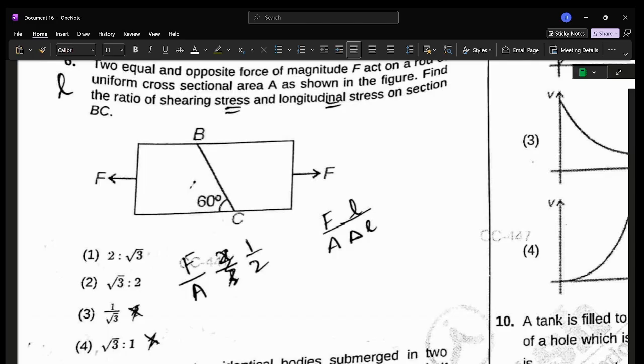Next, key theory for an inclined plane: when stress acts on an inclined plane, it gets split into longitudinal and shearing stress. Okay, so normal stress. Great. Wait, let's see.